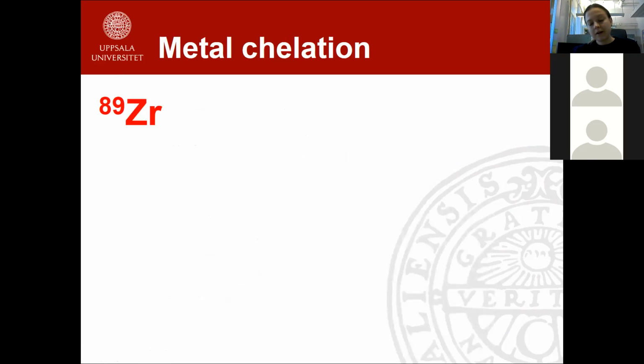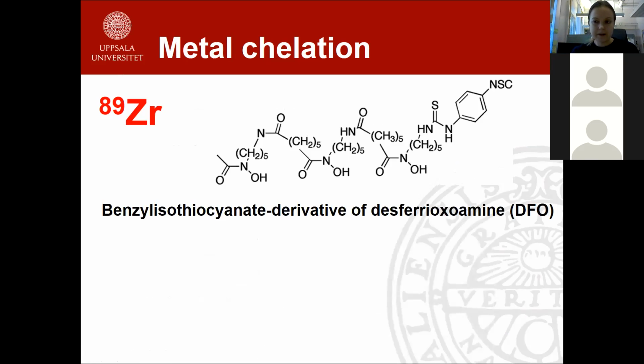And the second nuclide that we can consider is zirconium 89. Zirconium 89 is extremely popular for labeling of monoclonal antibodies because it has a long half-life, and monoclonal antibodies have a long half-life. And the chelator that is used for labeling with zirconium has quite a complicated structure and name, and shortly we call it DFO.